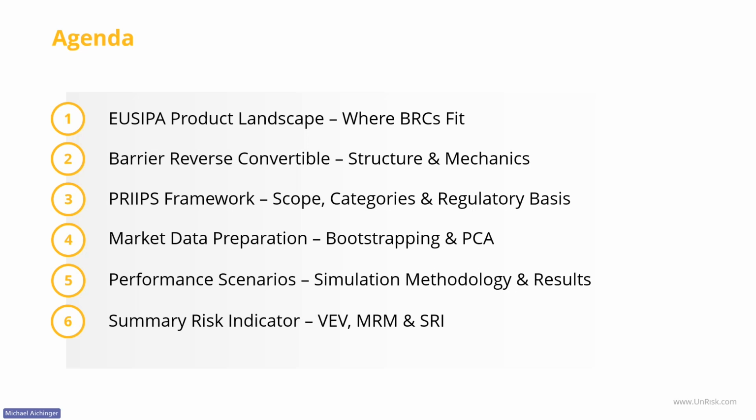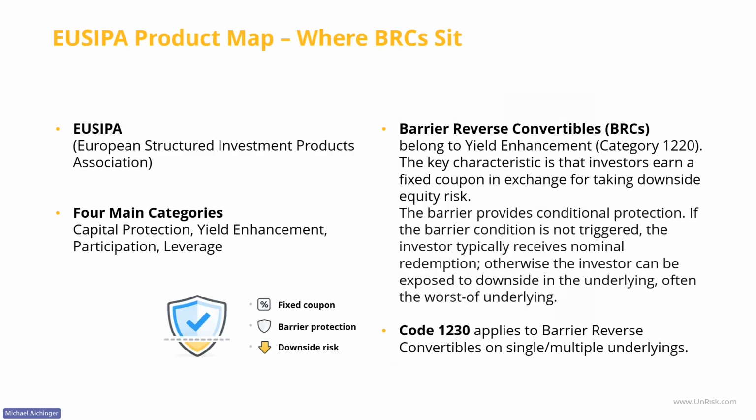We will have a focus on the calculation of the performance scenarios, the simulation methodology behind and the results they provide. And we will finalize with a summary risk indicator, the bar equivalent volatility calculation from the market risk measure, and the final calculation of the summary risk indicator.